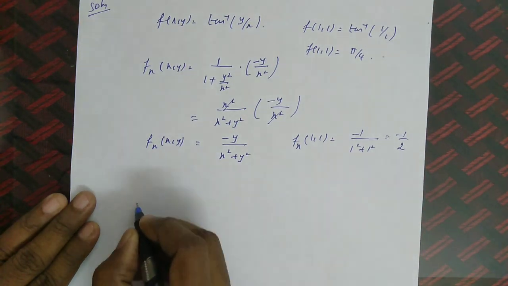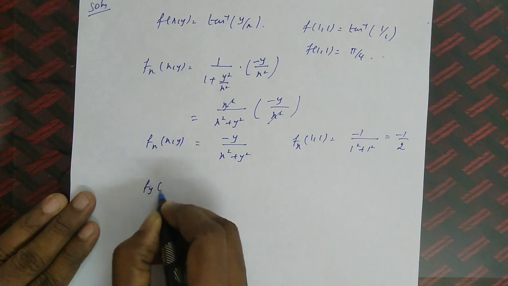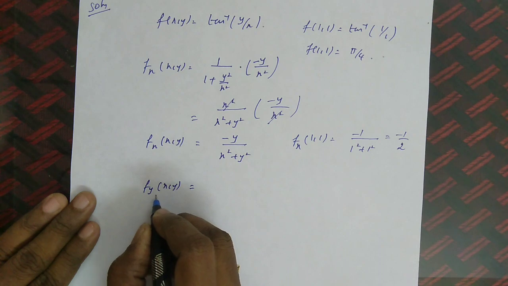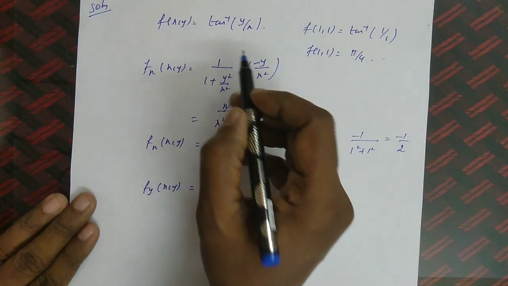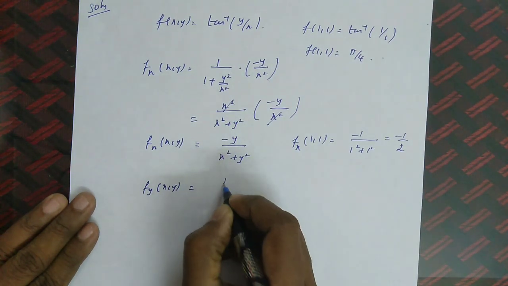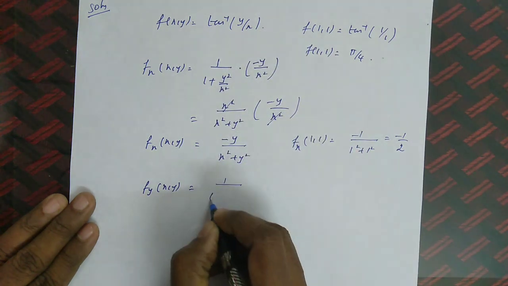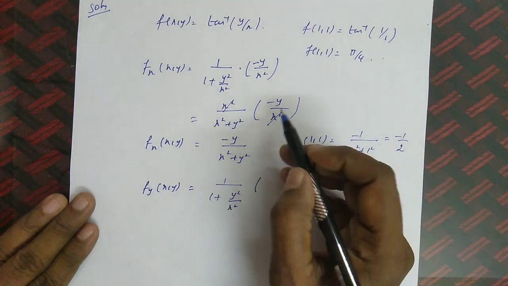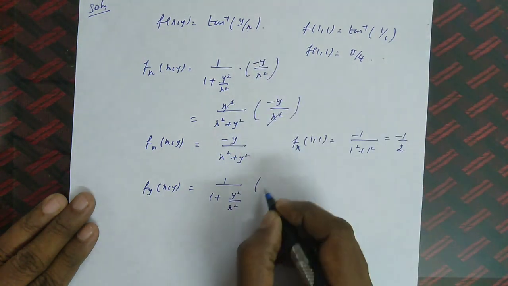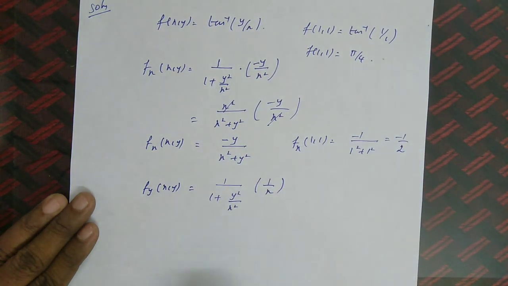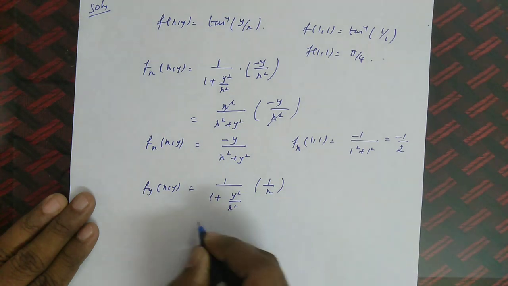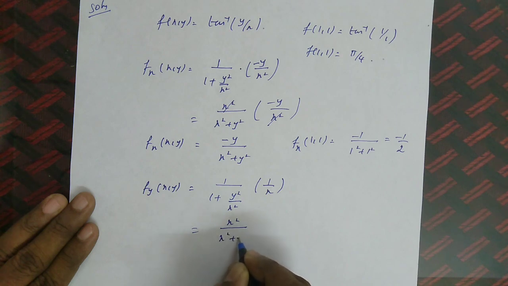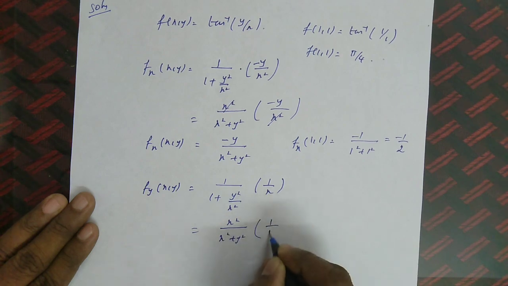In the same manner fy, the derivative with respect to y. In this case you have to treat the x as a constant. So, tan inverse y by x, differentiation of tan inverse is 1 by 1 plus y square by x square. Then differentiation of y by x is 1 by x, treating x as a constant. Cross multiplying, we get x square by x square plus y square into 1 by x.